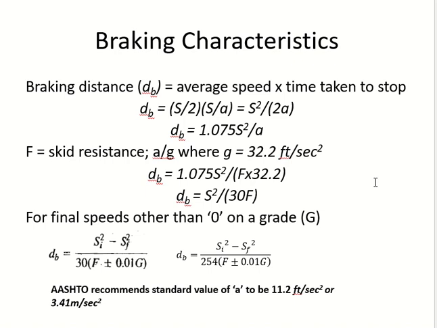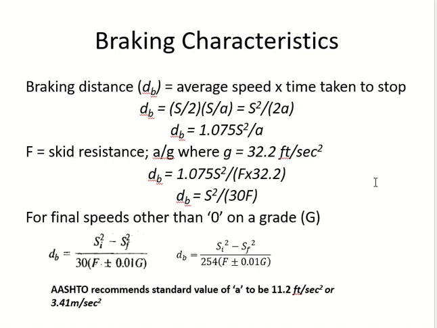Now let's say when the driver pushed the brake, his aim was to stop. If he is trying to stop, then his final speed is how much? 0. I said we need average speed, right? So first speed plus 0 divided by 2.